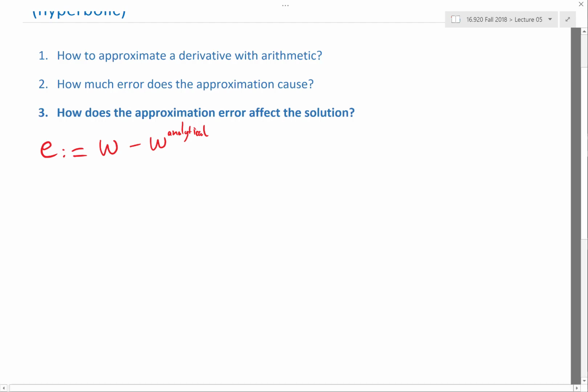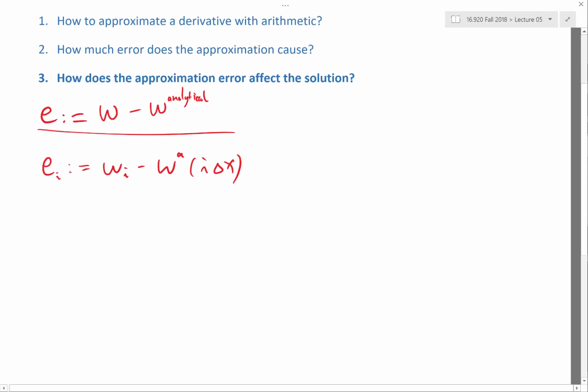If the error is like this, then the error at a grid point i is basically W_i minus W superscript A at i delta x. If you look at the time derivative of E_i, we have the time derivative of W_i, dW_i/dt, minus the derivative of W^A, which is basically partial W^A partial t at x equal to i delta x.